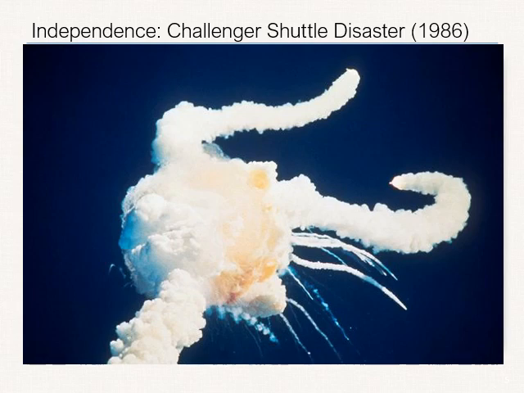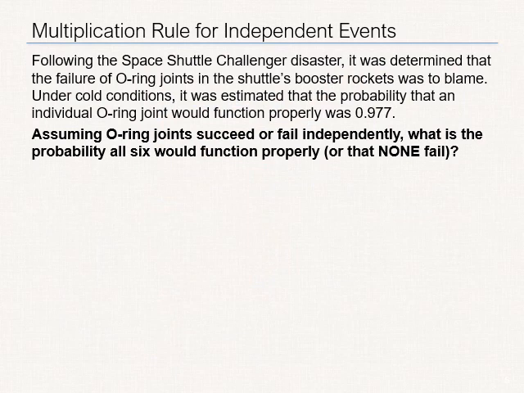Okay, so let's do some probabilities involving this situation. Following the Space Shuttle Challenger disaster, it was determined that the failure of O-ring joints in the solid rocket boosters was to blame. Under cold conditions, it was estimated that the probability of an individual O-ring joint functioning properly was about 97.7%.